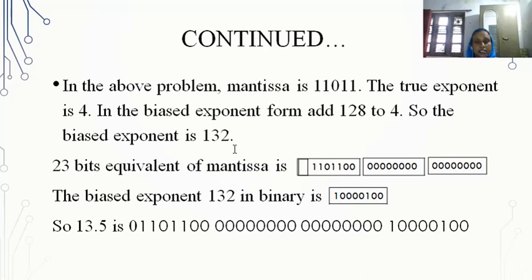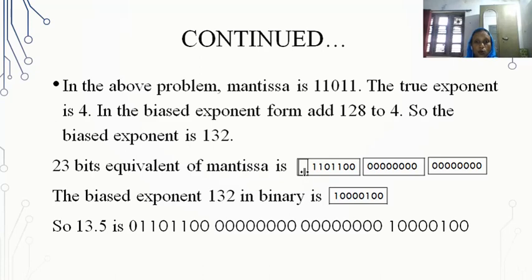Now we can write this mantissa and this exponent in binary notation in the 4 bytes of memory. Here there are 23 bits for the mantissa, and we have only 5 bits, 11011. The leftmost bit is reserved for the sign bit.